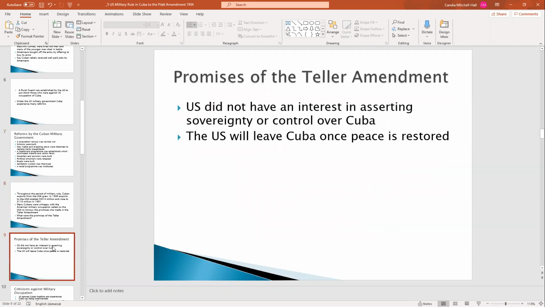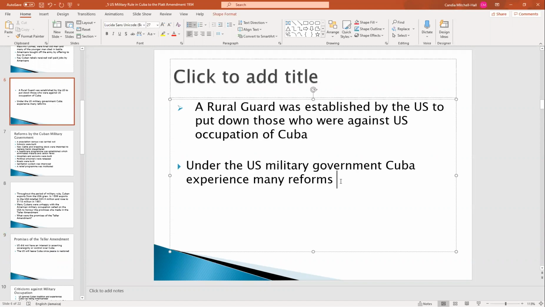And the Teller Amendment said that the US had no interest in Cuba, to control Cuba, and once there is peace in Cuba, they are going to leave. Year 1, 1899, no war going on in Cuba. Did they leave? Did they leave Cuba? No. So 1899, they didn't leave Cuba.